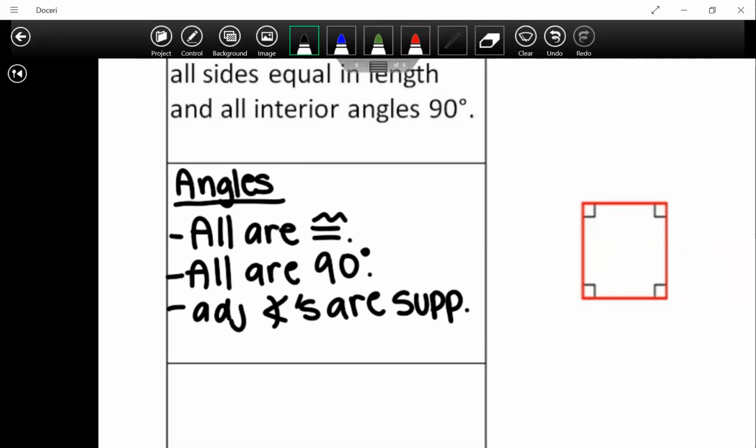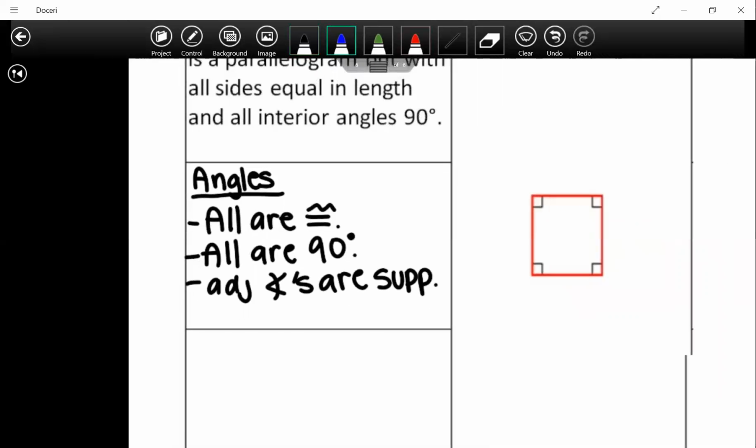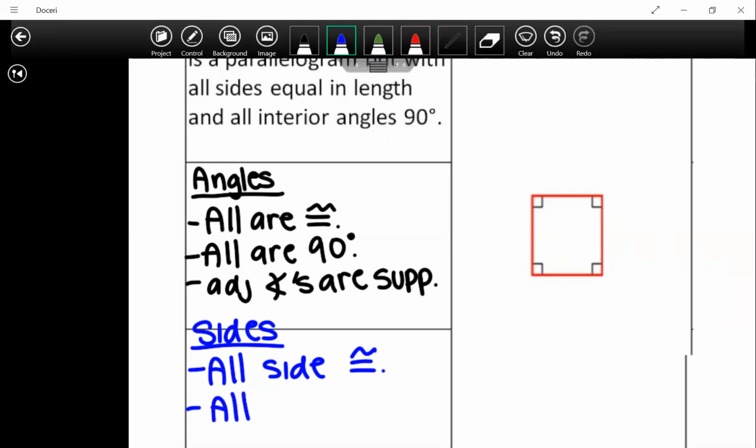When we're talking about the sides, all sides are congruent. That's one of our big ones. And then all sides are also parallel.